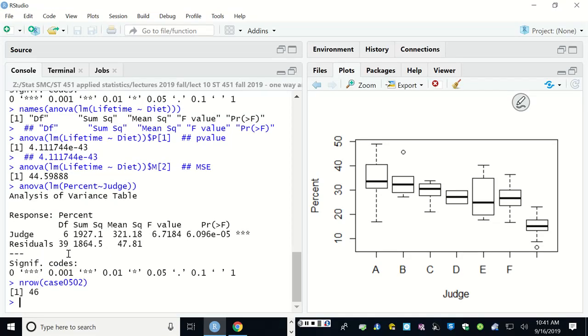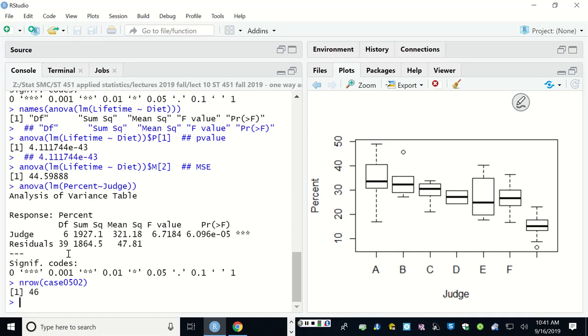There's 46 measurements total, so that minus the 7 judges is that one. The sum of squares for the treatment, sum of squares for the groups, sum of squares for judges in this case in particular. And then its mean square. And then for residuals or errors, it was this and there's that one. And the ratio is about 6.7.